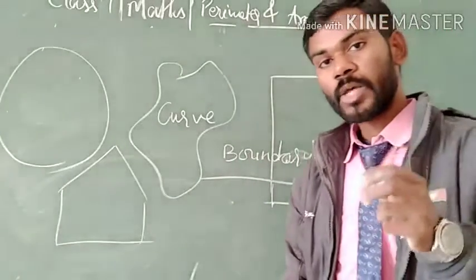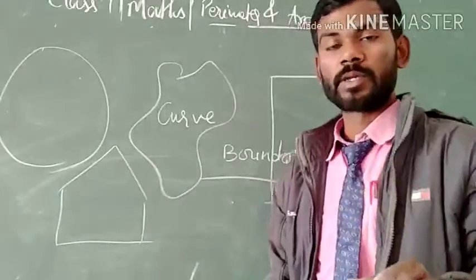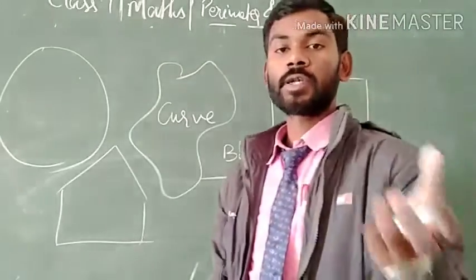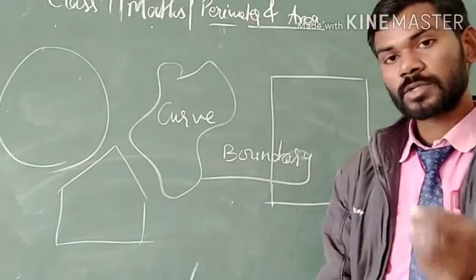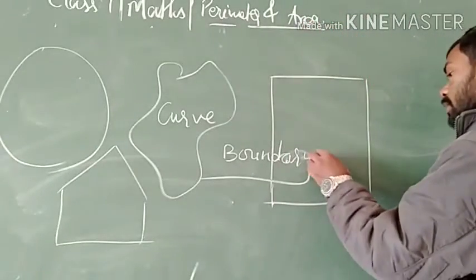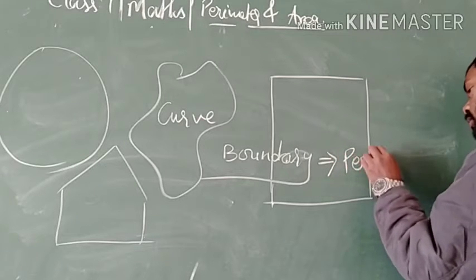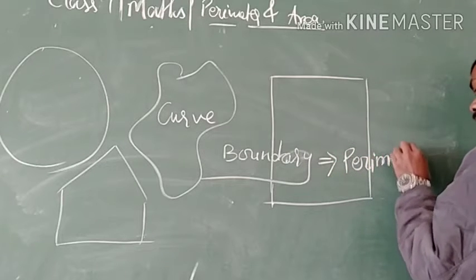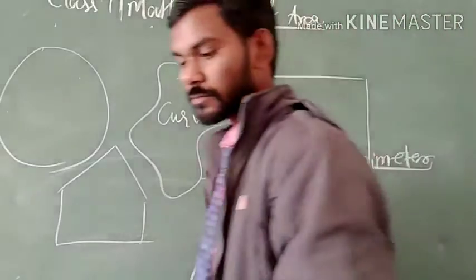But when we find the value of the boundary, that is, the total length of the boundary of a closed figure, then this boundary is referred to as perimeter.